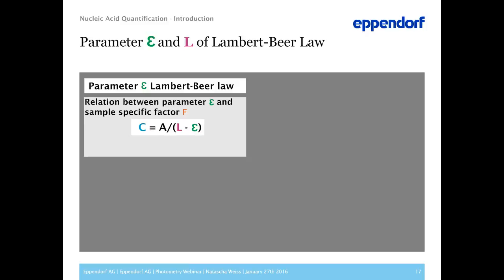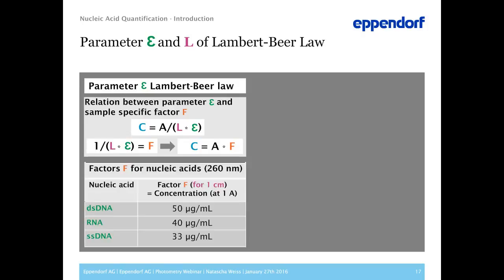For calculating concentrations easily, the reformatted Lambert-Beer Law is used, and the reciprocal of epsilon combined with the path length is replaced by the factor f. The underlying statement says that an absorbance of 1 corresponds to a concentration of 50 microgram per milliliter double-stranded DNA in a 10 millimeter cuvette.